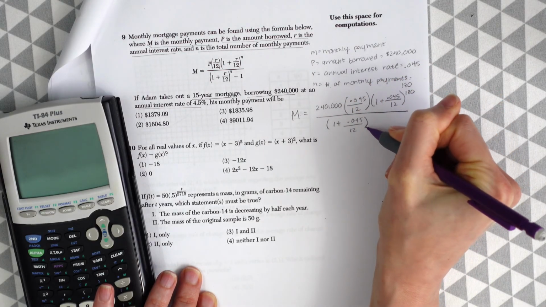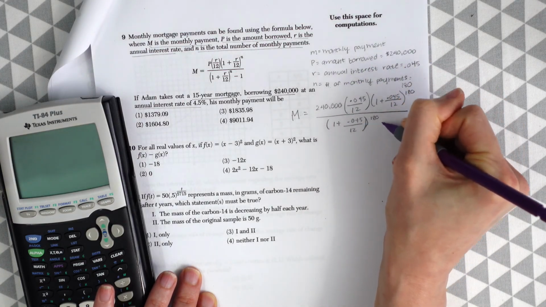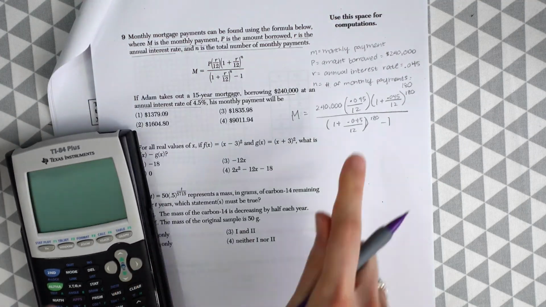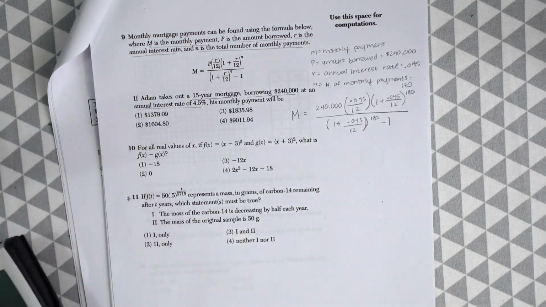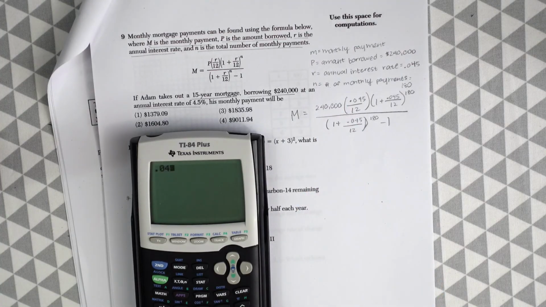So I'm just filling this in based on what they gave us and what I found up here. So now when we plug this into our calculator, we're going to plug it in one at a time because there's a lot to unpack here.